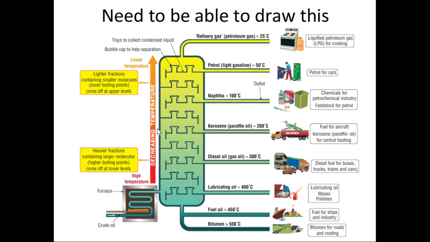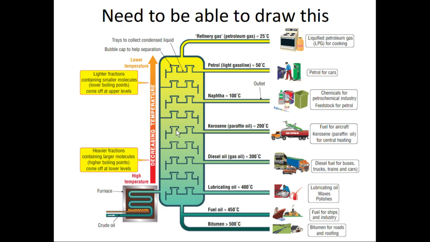So kerosene, for example, the molecules of kerosene are going to come in, they're going to travel up the fractionating column, and when they get to this point, we know that this temperature is going to be around 200 degrees Celsius, and it's getting colder as it goes up. So as the molecules of kerosene get to this point, they're going to liquefy, they're going to condense into a liquid, and the liquid will run off out into this tray to be collected.